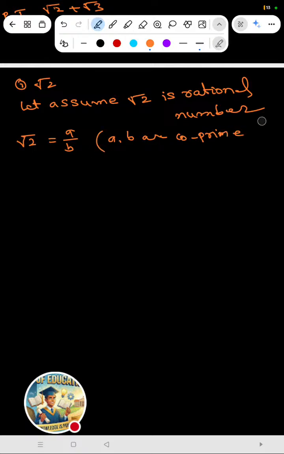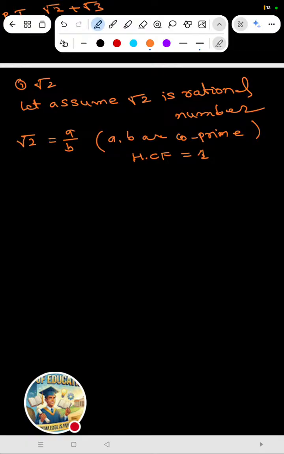What is meant by co-prime? We should know that. Co-prime means nothing but HCF of a and b is 1. That is the meaning of co-prime.